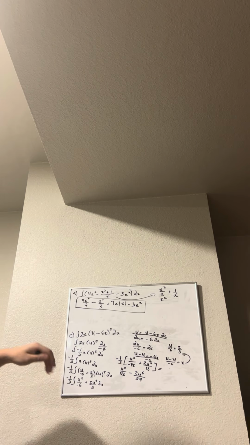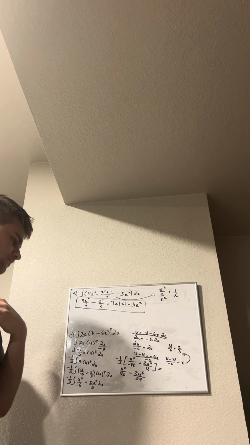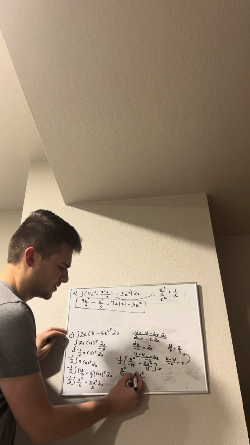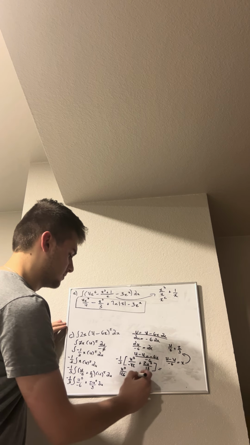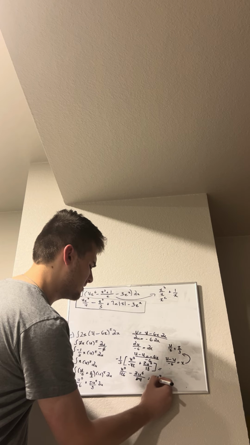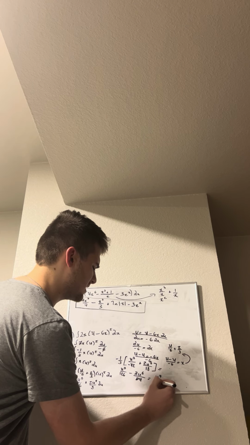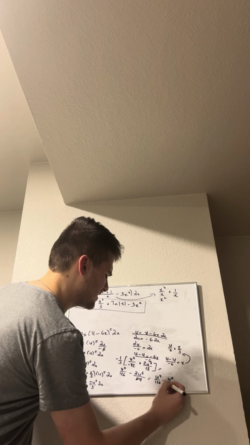Now you can simplify this term: 2 divided by 54 is 1 over 27. So this would equal u to the 7 over 126, minus u to the 6 over 27.